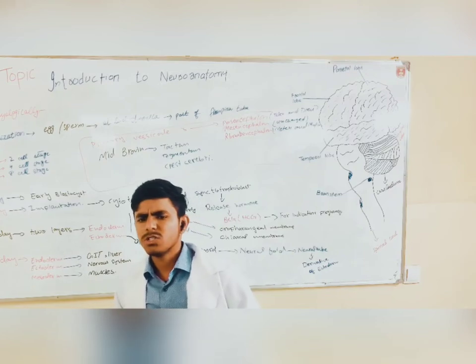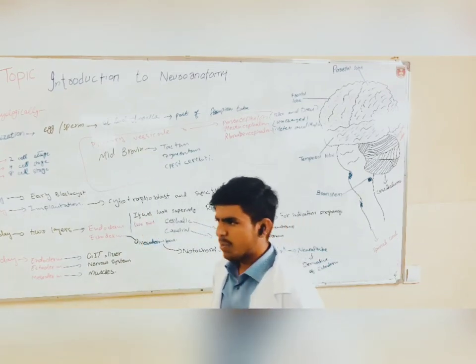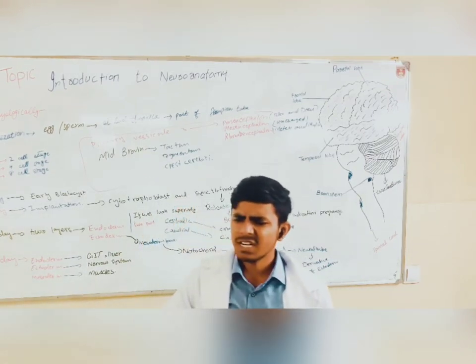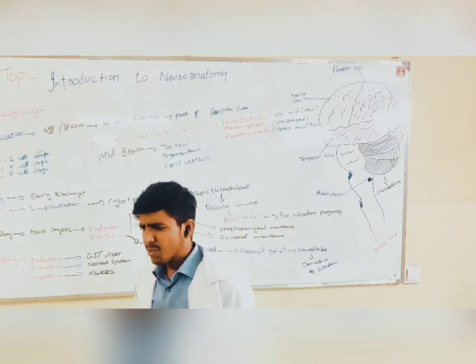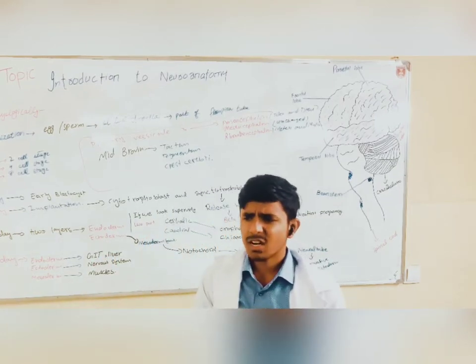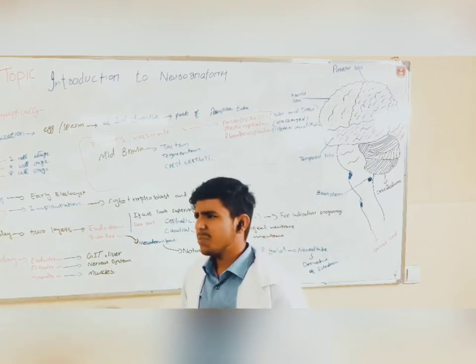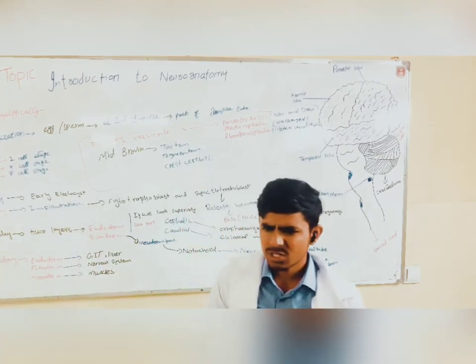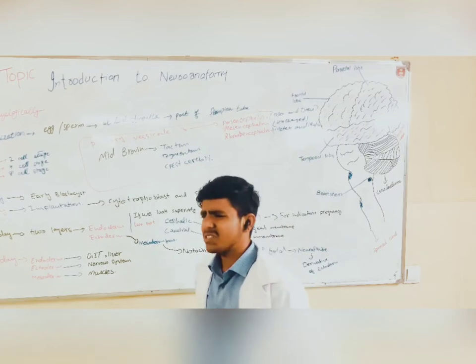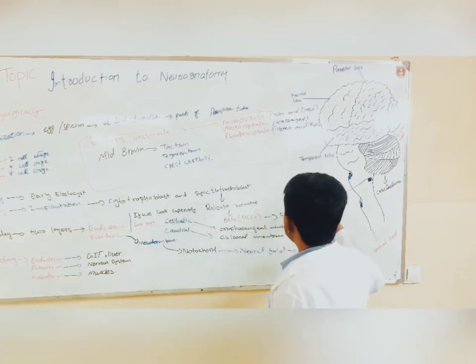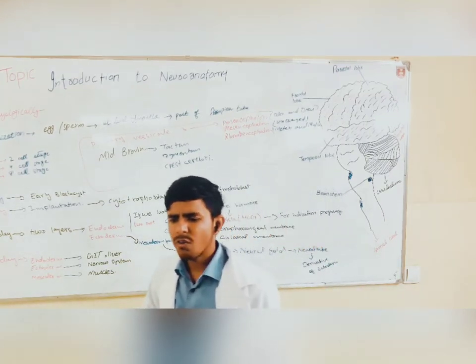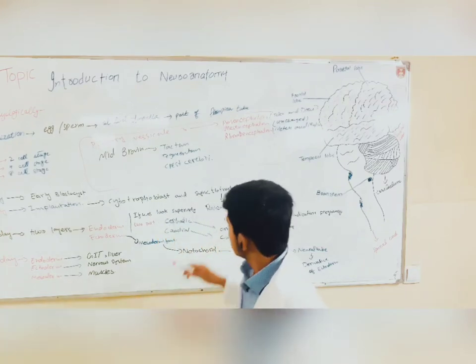It also consists of two parts: medial part and lateral part. Medial part is known as pyramid, and lateral part is called olive. Through the medial part the corticospinal tract passes. 80% of the corticospinal tract crosses posteriorly, and it is also known as the pyramidal tract. Then the outer or lateral part consists of olivary nucleus.